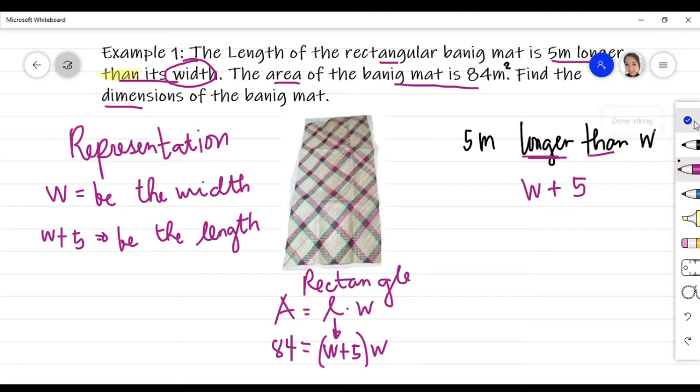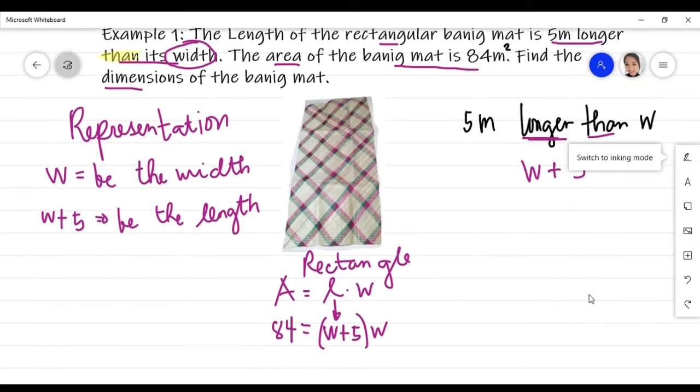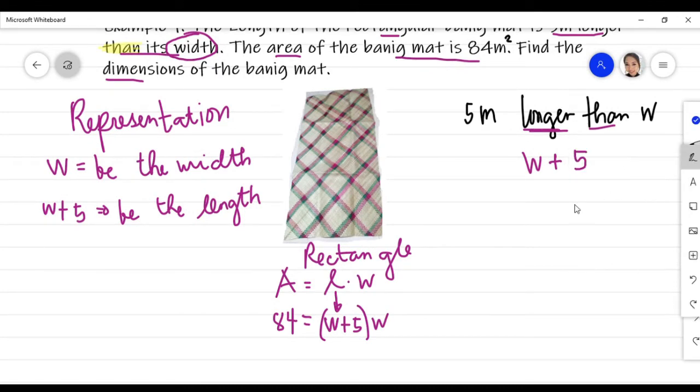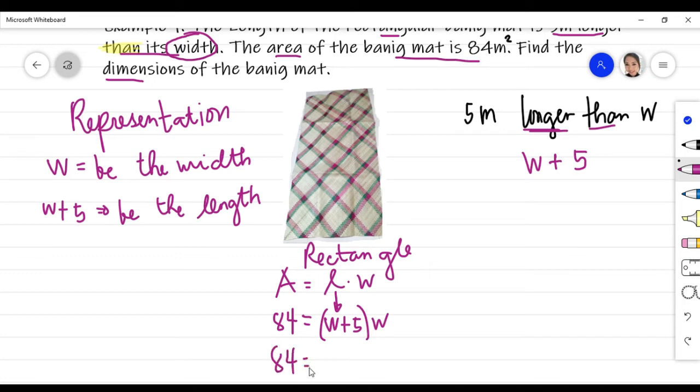If we rewrite it in the standard form, that would be 84 equals, distribute, that is W squared plus 5W.